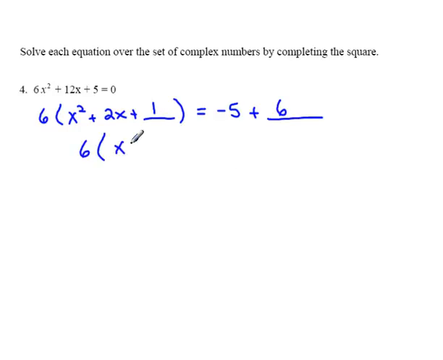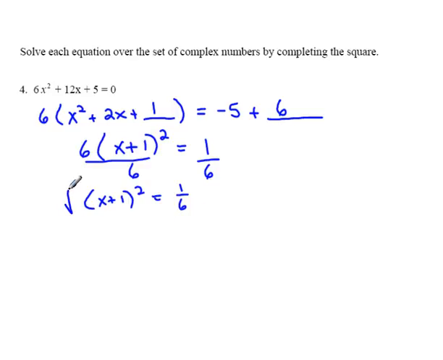Okay, so now we factor the left side, add the right side. Divide by 6, and now you're ready to use the square root property. So take the square root of both sides. Don't forget plus or minus, and now again over to the side we need to rationalize the square root of 1/6.